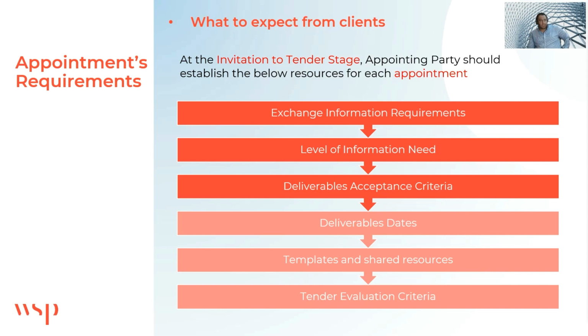So it's not enough to define the deliverables. You need to mention exactly how you will consider these deliverables as approved or not. The client should also define the deliverables dates, when they need this information. Also the templates and shared resources, and a tender evaluation criteria, how they will select the best bidder.